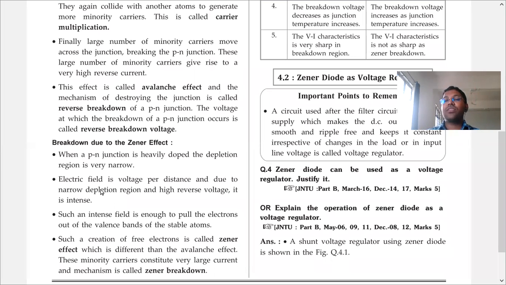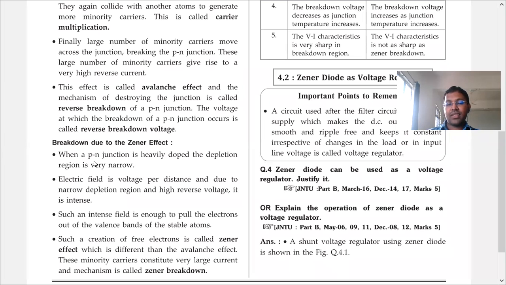That distance is the width of the depletion region. So high electric field intensity is generated because the width of the depletion region is thin. What will this high electric field intensity do? It will pull out the electrons from the valence band. It will simply break the bonds and pull out the charge carriers. The more the charge carriers, the more will be the current.